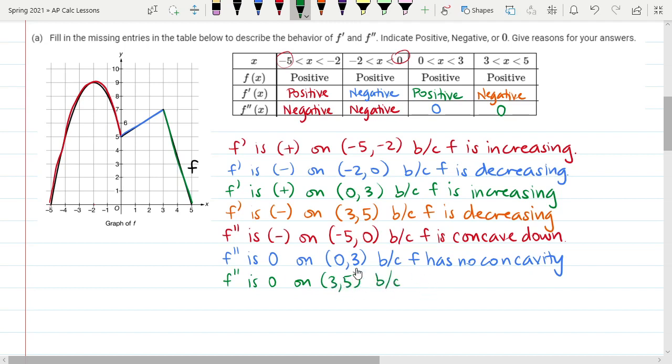And looking at what I did earlier, I suppose you actually could have said the same thing from just 0 to 5. I take that back now that I've said that, because notice we do have that cusp or corner point right there. So we don't want to actually include 3 in any of our intervals here when we're talking about f double prime being 0, because f double prime would actually be undefined there. So because f has no concavity.